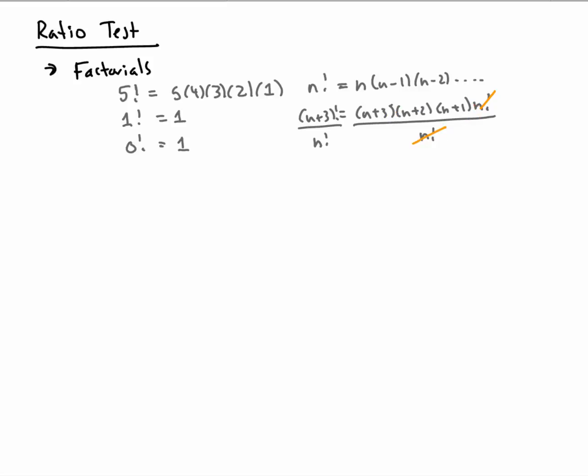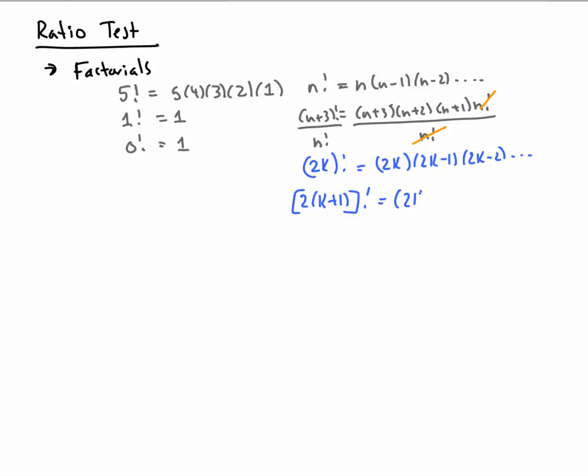Another thing that we might come across is something like 2k quantity factorial. This is going to be 2k times 2k minus 1 times 2k minus 2, etc. Now a lot of times we end up plugging in a k plus 1, so that would look like 2 times k plus 1, all of this quantity factorial. It wouldn't be just the k plus 1 that's the factorial.